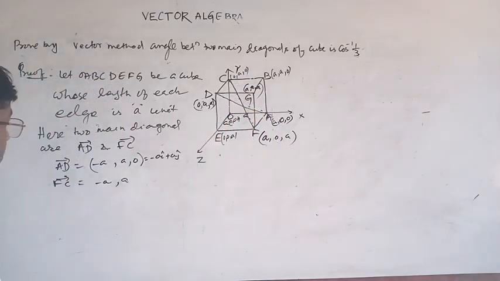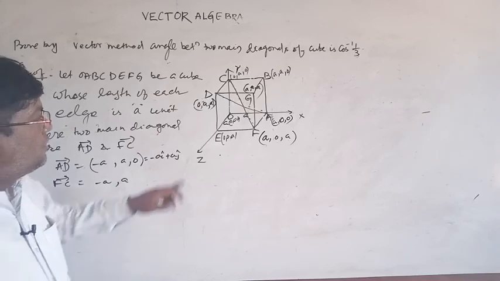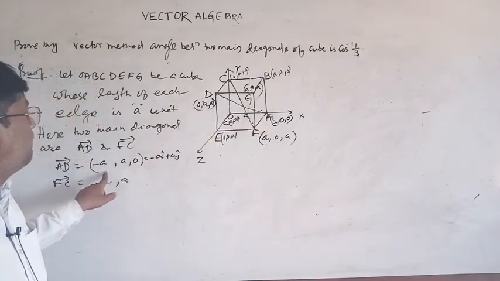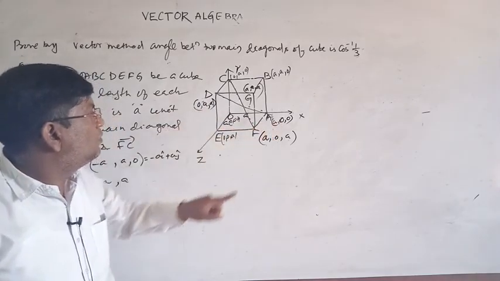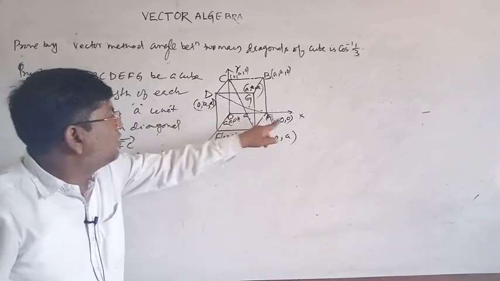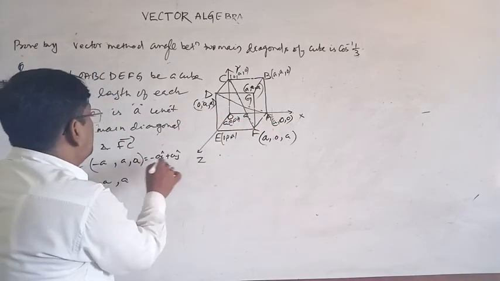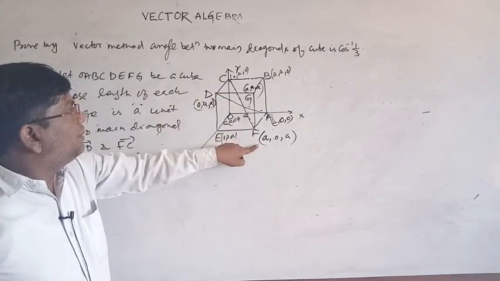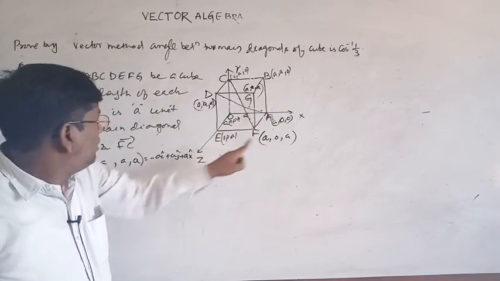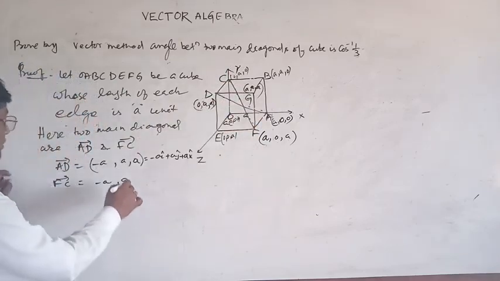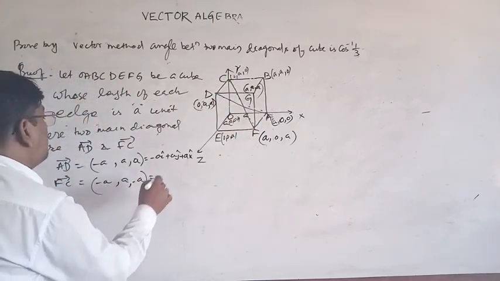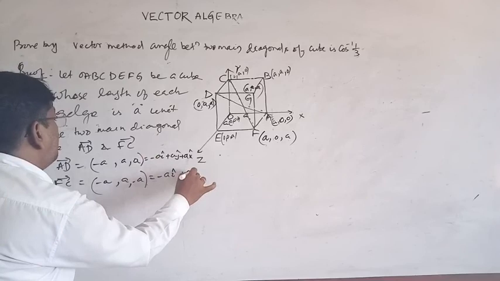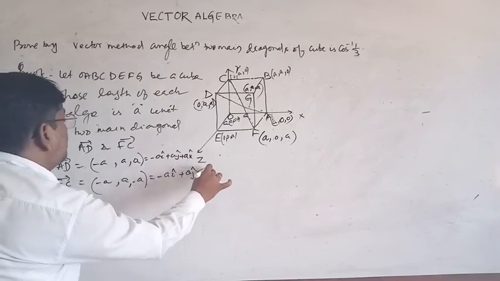Clear? Now this is equal to minus a i cap plus a j cap minus a k cap.